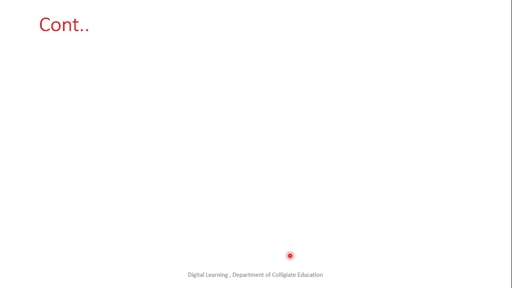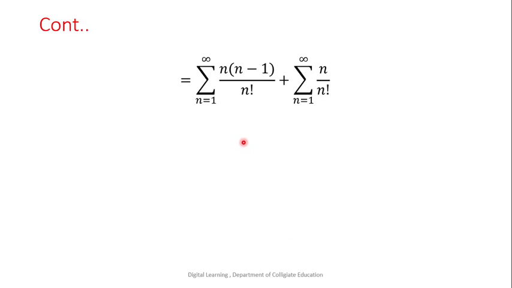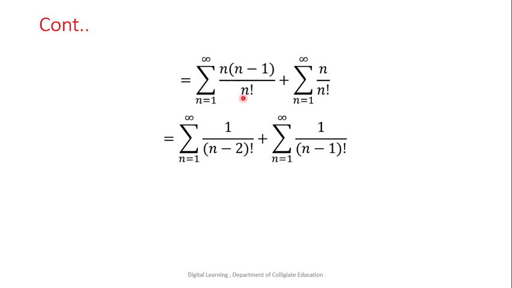Split the summation, we get summation n equal to 1 to infinity n into n minus 1 divided by n factorial plus summation n equal to 1 to infinity n by n factorial. See here, n factorial can be written as n into n minus 1 into n minus 2 factorial. N into n minus 1 will get cancelled. We get the first function as summation n equal to 1 to infinity 1 by n minus 2 factorial.